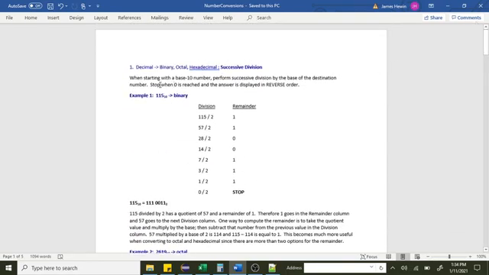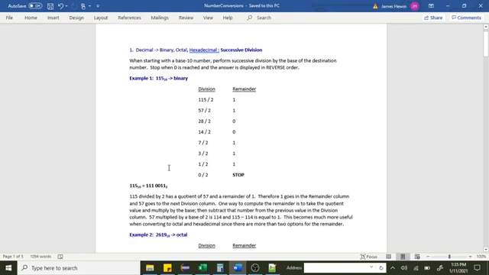Let's start at number 1, with a decimal number. We can pick any decimal number and convert to, say, binary, octal, or hexadecimal. I've given you 12 examples here of how to do these conversions.